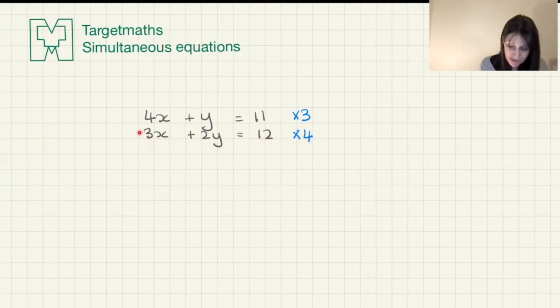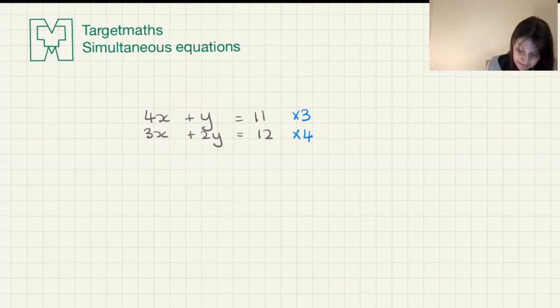So by just crossing these over like that, I can get them to match. But what I must be aware of at this stage is that I don't just multiply the 3 to the 4. I have to multiply the 3 to the y and to the 11. I have to multiply it to everything in the equation.